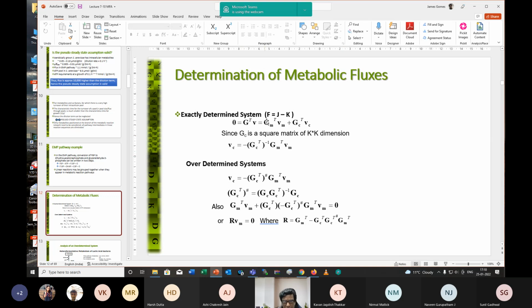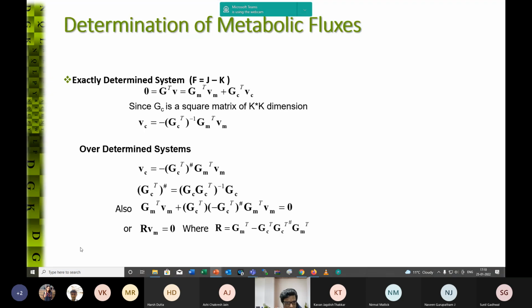Now let's look at how this is supposed to be solved, just theoretically. What you do is take this G matrix and break it up into two parts.